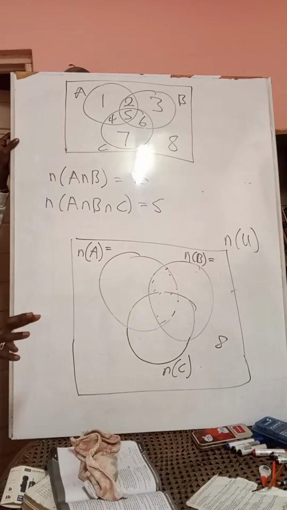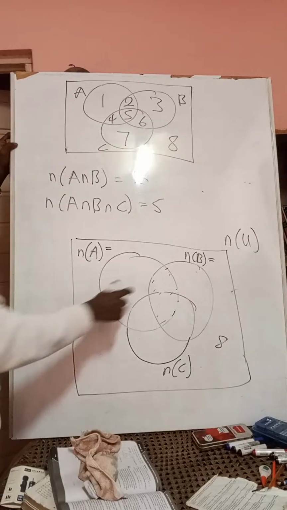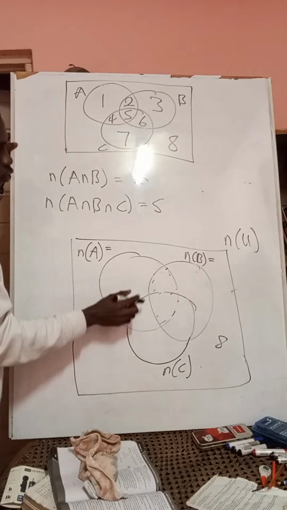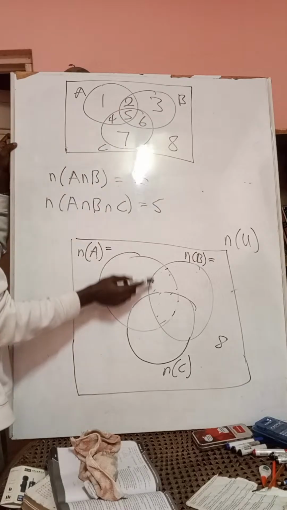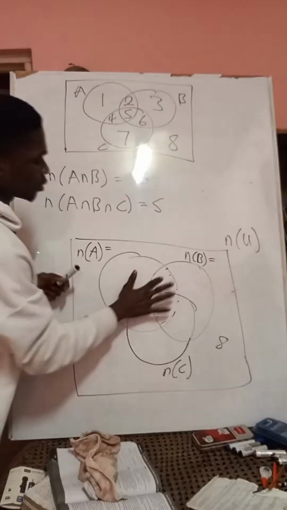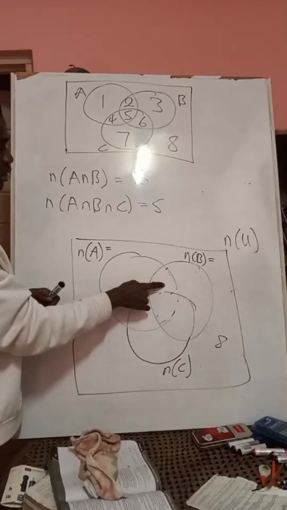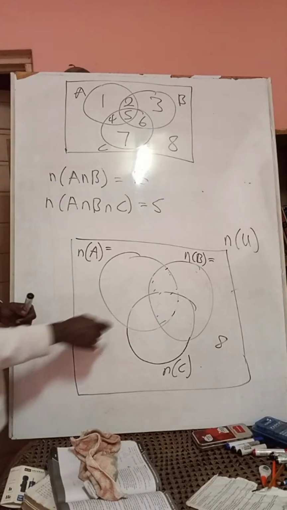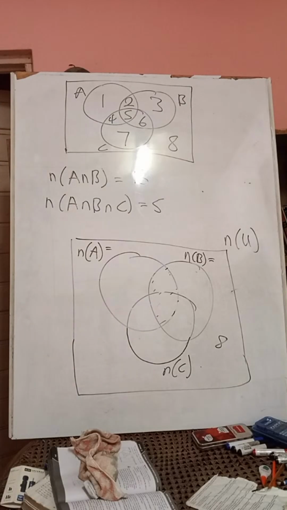You are not common, so you should do differently. This side is not for 15. It's for both regions 2 and 5, which is the intersection of A and B, and then the 5 here is for this region. So this is what you should take note of. Write it down right now.